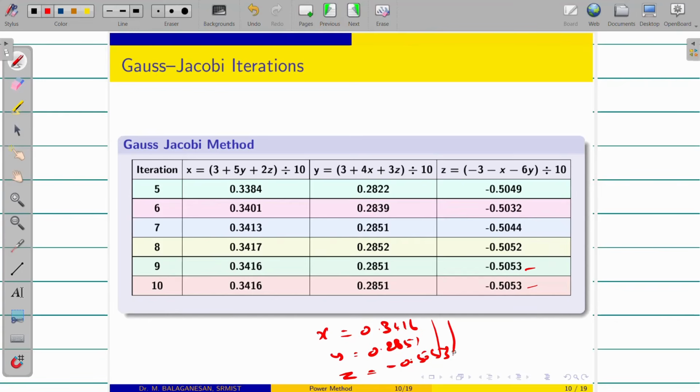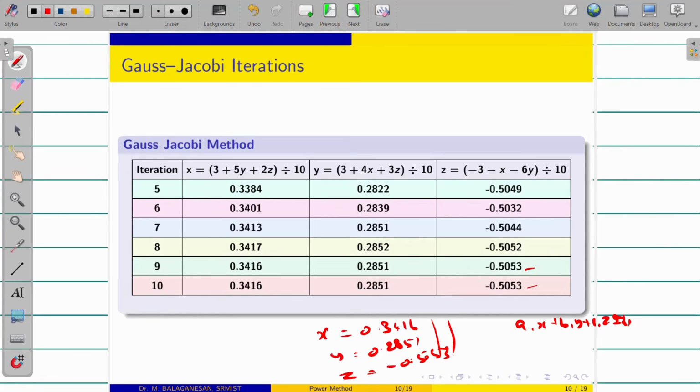How to do the cross check? Guys, listen to one more thing. Here we are finding the approximate value. So how to do the cross check? You know very well the original system of equations: a1x plus b1y plus c1z equal to d1. Similarly a2x, and so on.